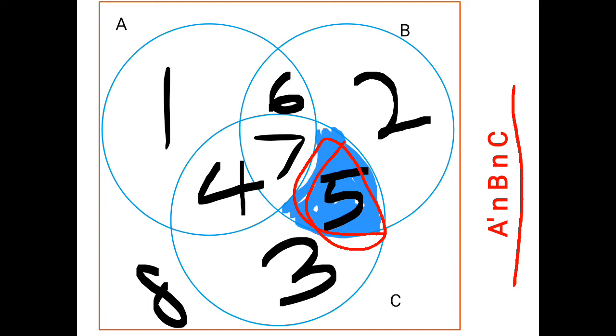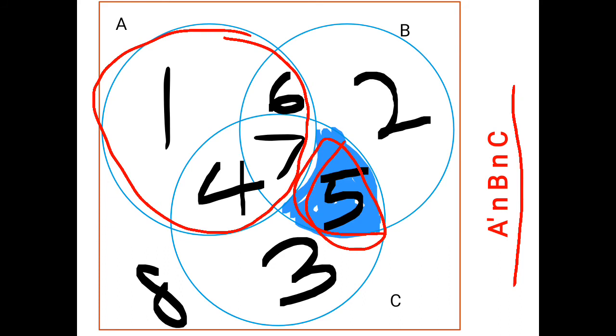So if it is maybe a subject, 5 students read biology and chemistry but not agric, meaning take the whole of the agric circle. The part we are talking about shouldn't be in that circle. So the whole of this is the agric circle. And you can see that the 5 is not found in the agric circle.